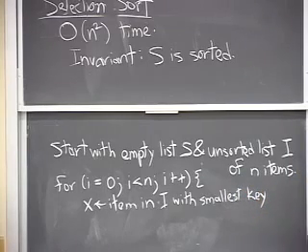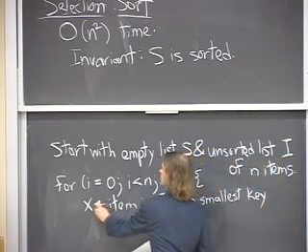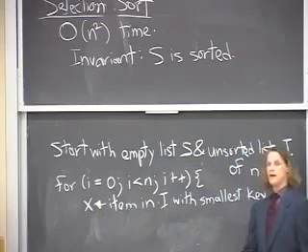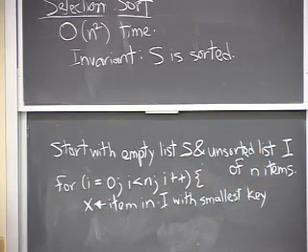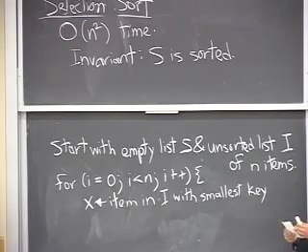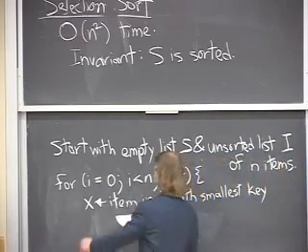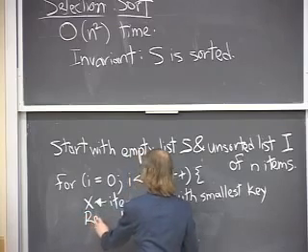And so that means we search through I, and that takes linear time, and check every item against every other item and figure out which item has the smallest key. And there's no way to get around the fact that this always takes linear time, even in the best case. So once we've found it, we remove it from I and we append it to S.